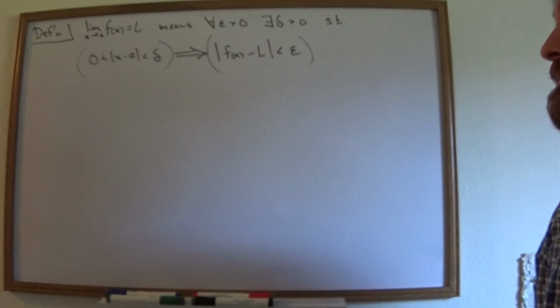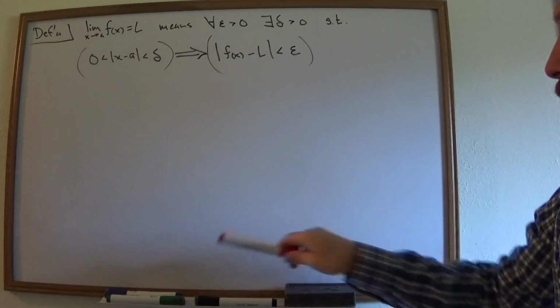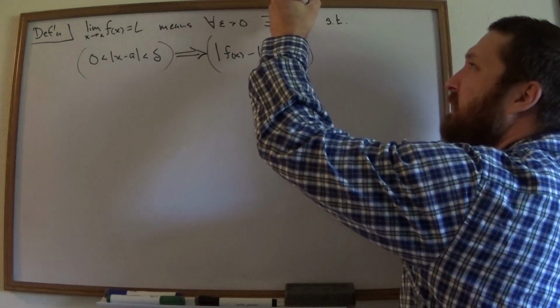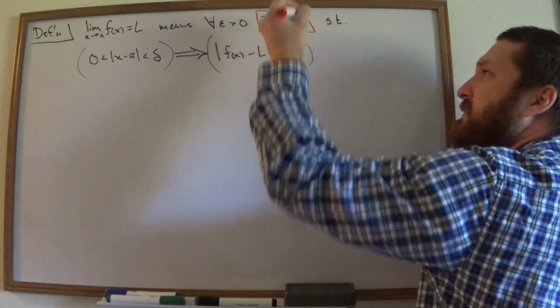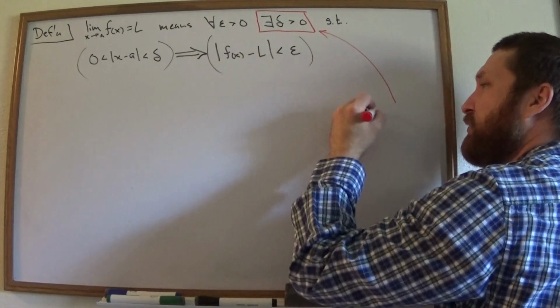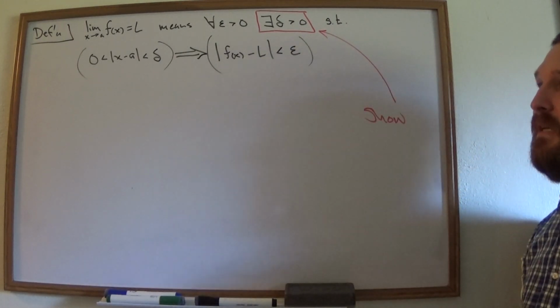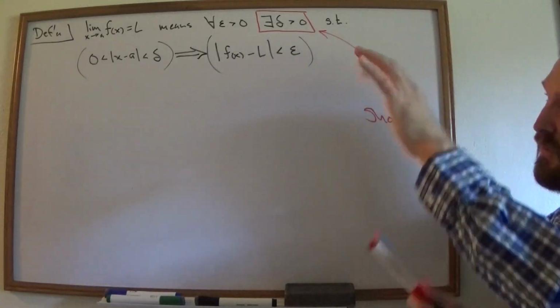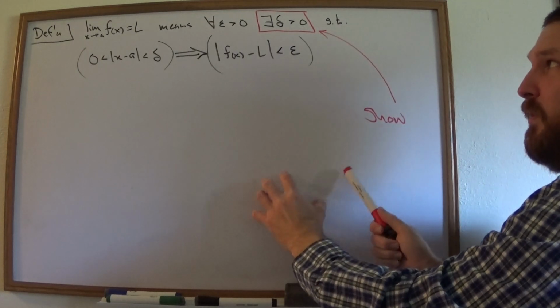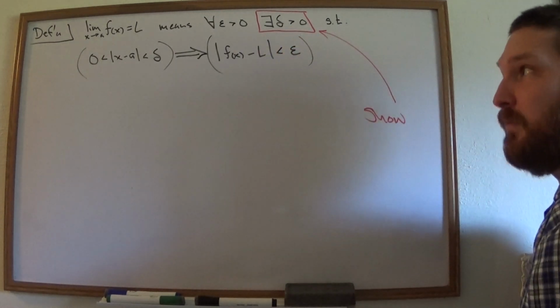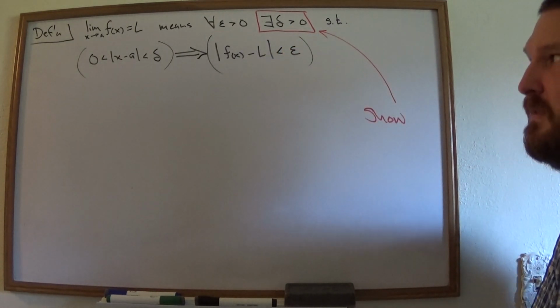This means there exists. And this bit right here, when you're dealing with, like, I want to prove that a limit exists, really what you're trying to do is show what delta is. You give me any epsilon, and we're going to pretend that's a really small number. Can I do some magic here to show that there is indeed a delta which makes that true? We'll do that in a minute, and you'll see what I mean.